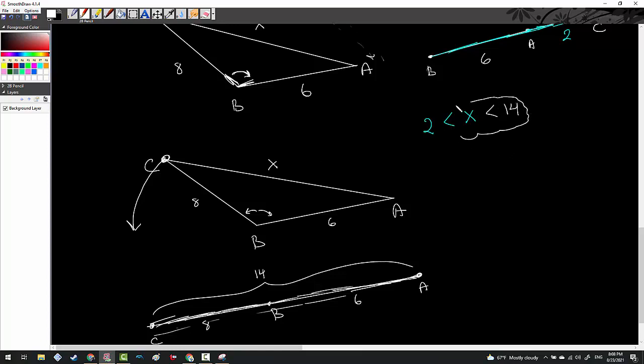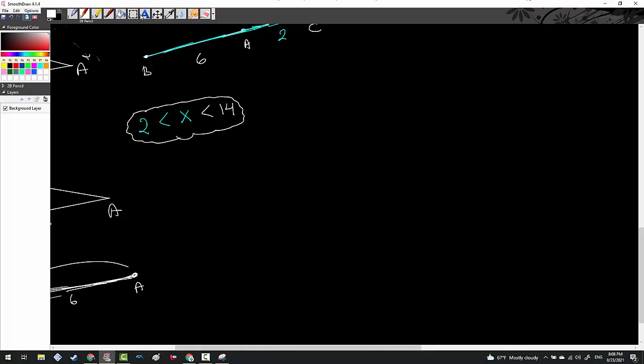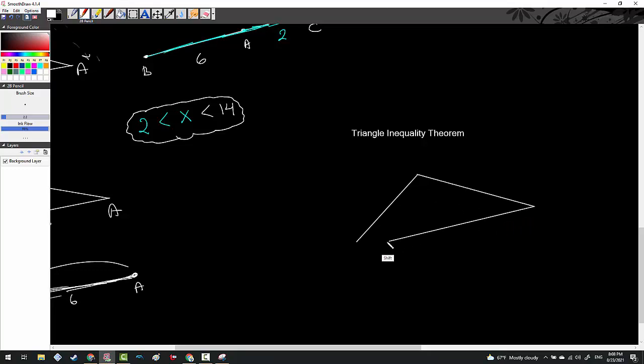So the generalized version of this is the triangle inequality theorem. If you have a triangle with side lengths A, B, and C, and we look at it from the perspective of C, C would have to be larger than the difference of the sides, but smaller than the sum of the sides.